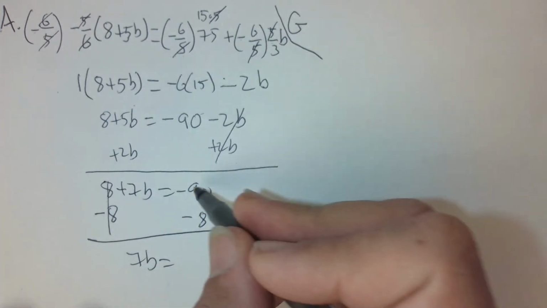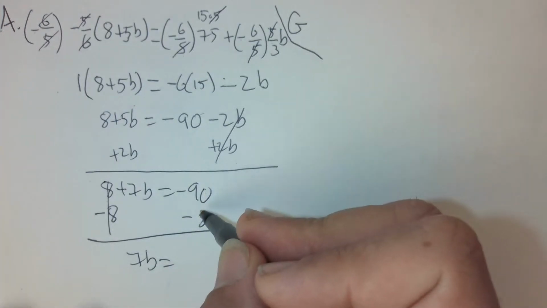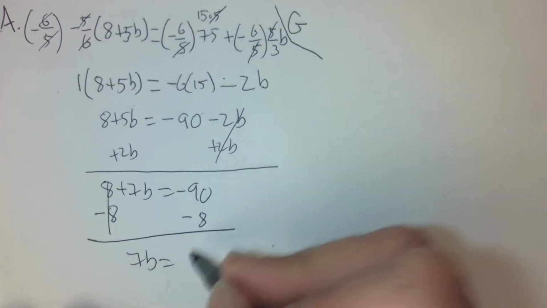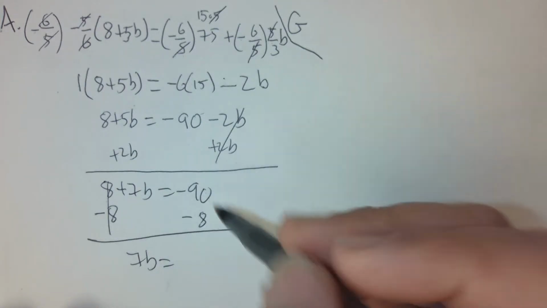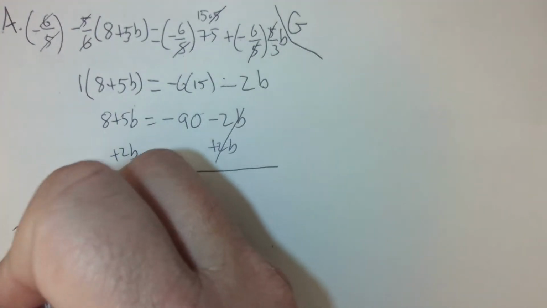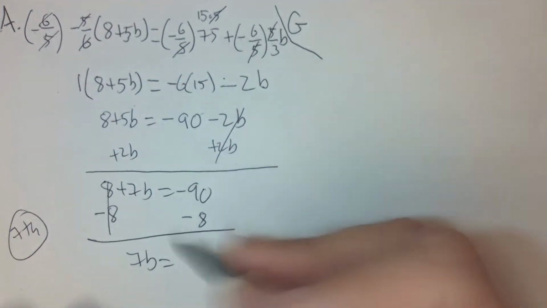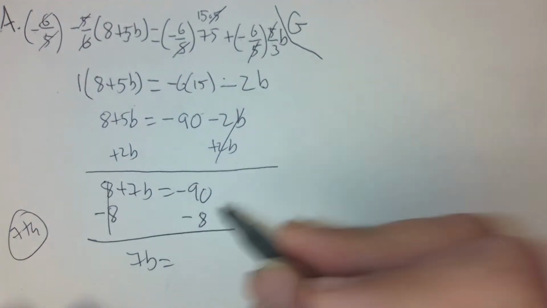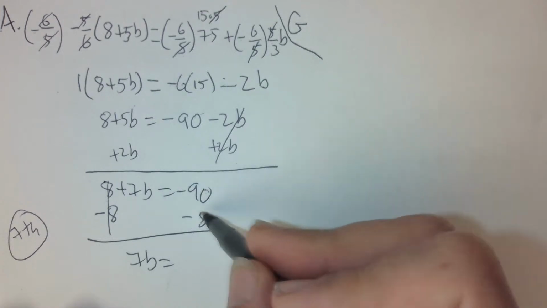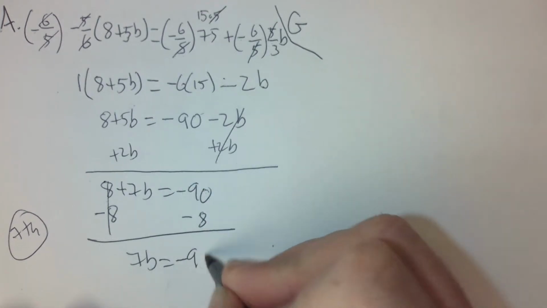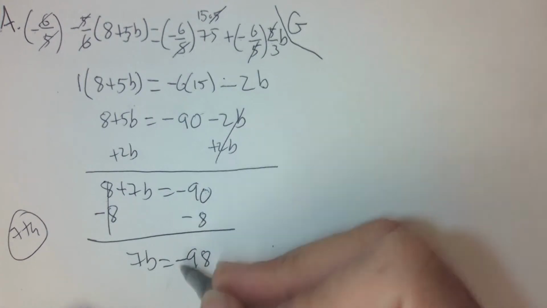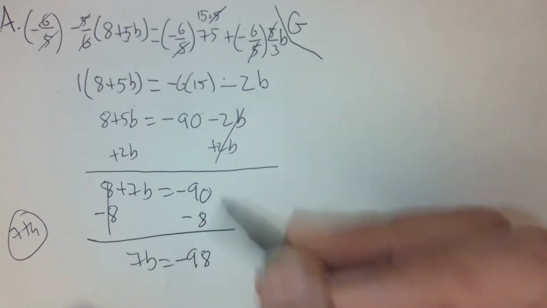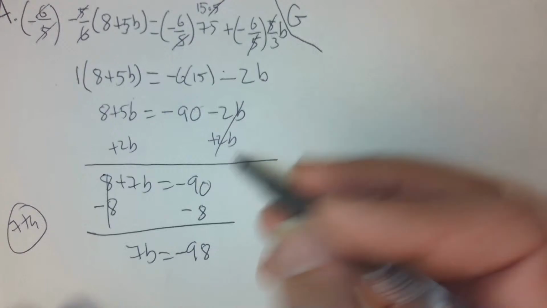And this is negative 90 minus 8. I hope you remember the rules that you learned in the 7th grade. In the 7th grade, you learn how to add numbers that are positives and negatives. Negative 90 minus 8 is negative 98. When you add a negative plus a negative, it stays negative. You're adding. Don't confuse with multiplying a negative times a negative.